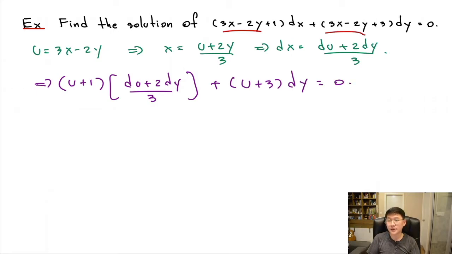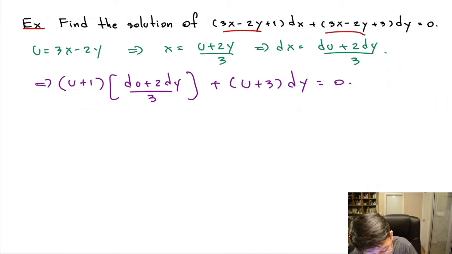Make sense? And then, see, there are only u, right? There's no x or y. We have only dy and dx, but there are no x and y anymore. See? So it needs to be separable. Okay? So, we just work with it.